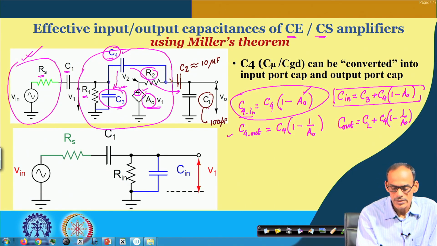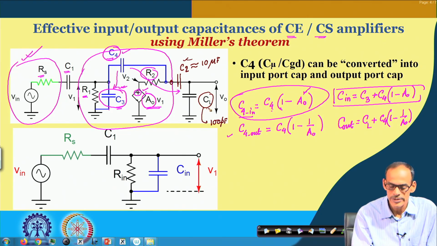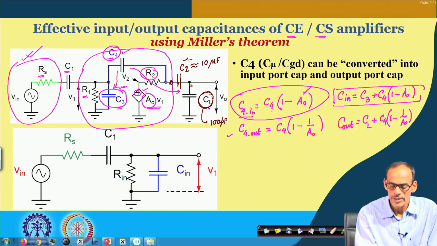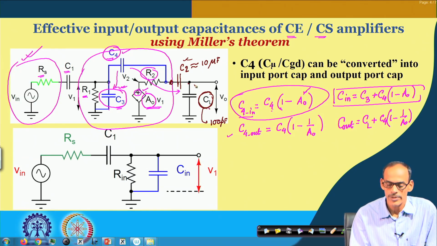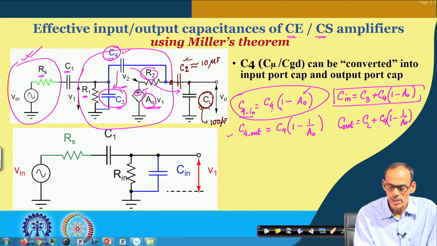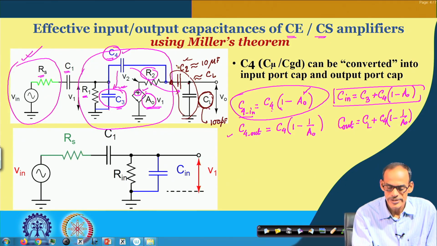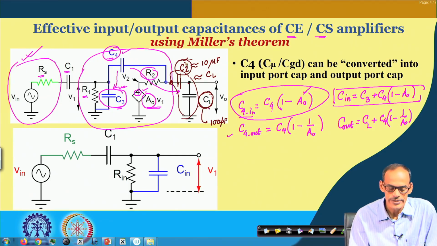As a result, the load coming at this node due to the series connection of C2 and CL, practically it is dominated by CL. So, that is why at this node, whatever the effective load capacitance we do have, coming out of these two parts, it is getting to be equivalent to CL. Okay. So, that is why we are not considering this C2 in this analysis.